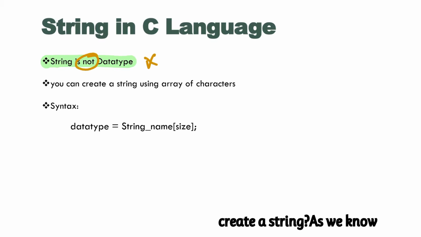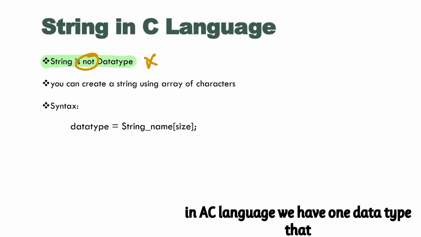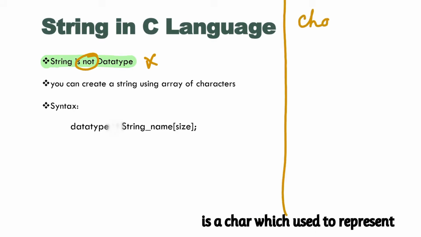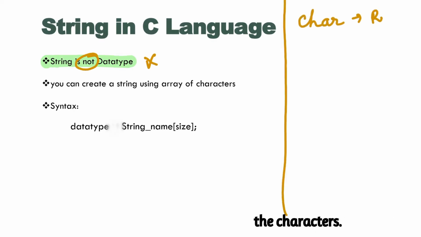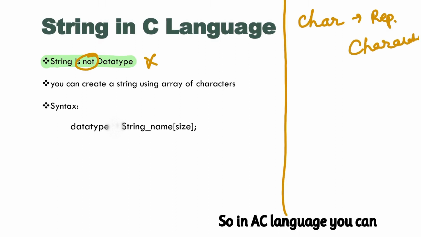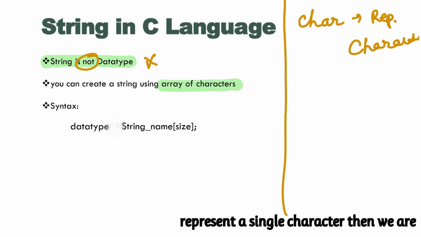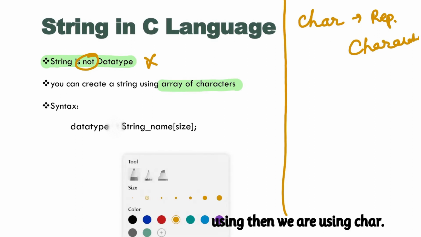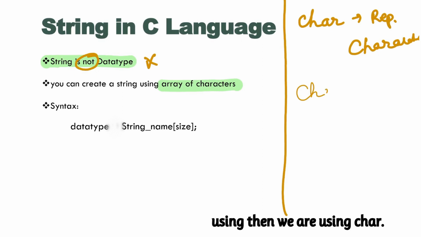So how can you create a string? As we know, in the C language, we have one data type, char, which is used to represent characters. So in C, you can create a string using an array of characters. If you want to represent a single character, then we use char.